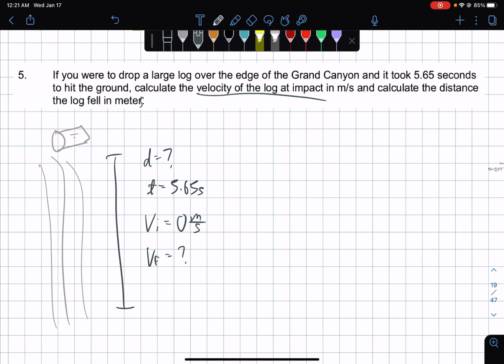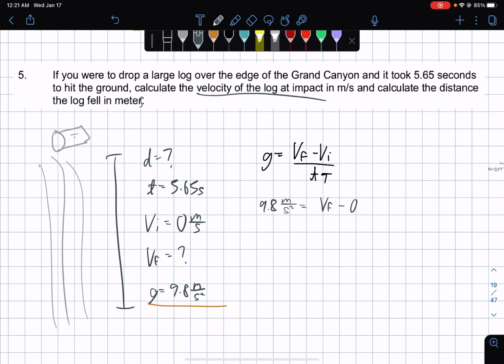Anyways, calculate the distance the log fell in meters. G, by the way, I almost forgot G, 9.8 meters per second squared. Let's try this. VF is missing. How about VI? VI is 0 meters per second. Time is 5.65 seconds.